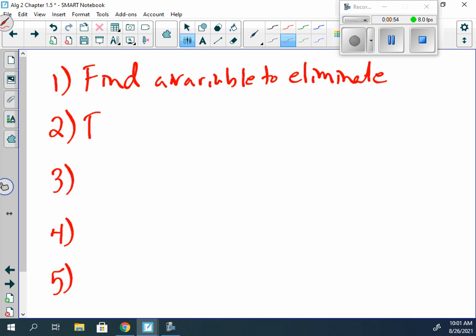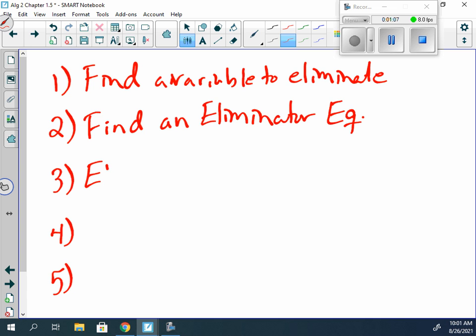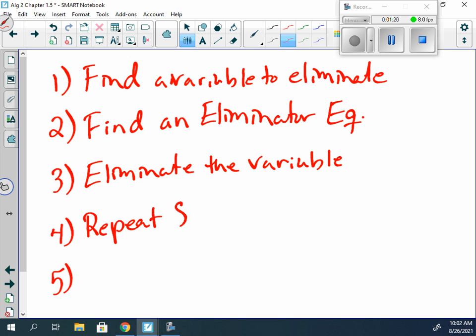Our second one was to find an eliminator equation. Then eliminate the variable. Repeat steps 1 and 3. Solve backwards.